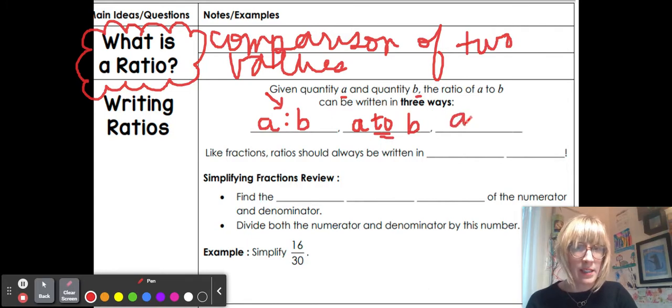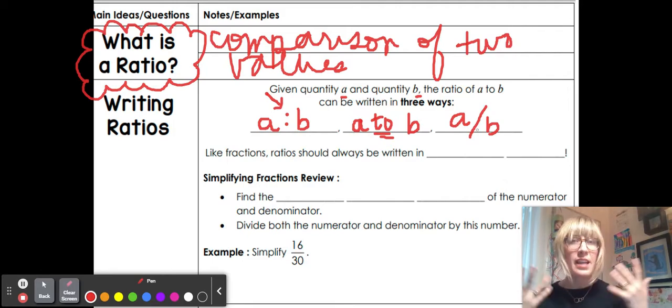You can also write it as A to B, writing it as a fraction, because a ratio is really just a fraction. They're all comparisons, right? So however you write it, it is the same thing. It is a comparison of two things.